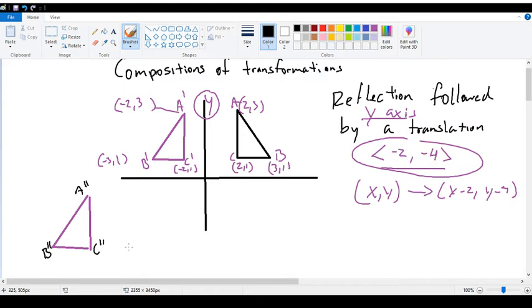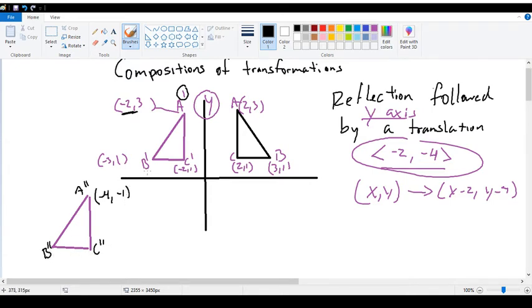The double prime is stating that this was transformed twice. Notice here, my first transformation, single prime, double prime. That's a double transformation. So if I go to the left 2, and then this becomes -4, down 4, that becomes -1.